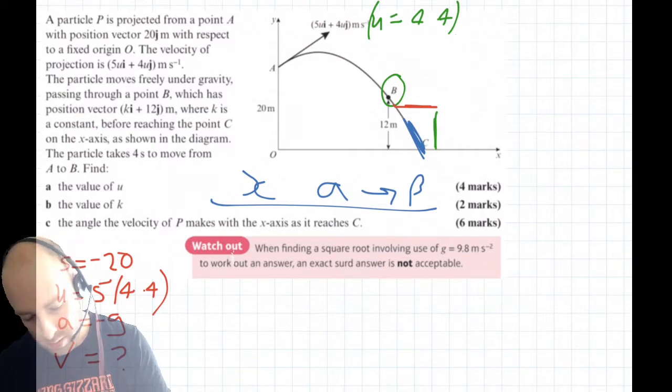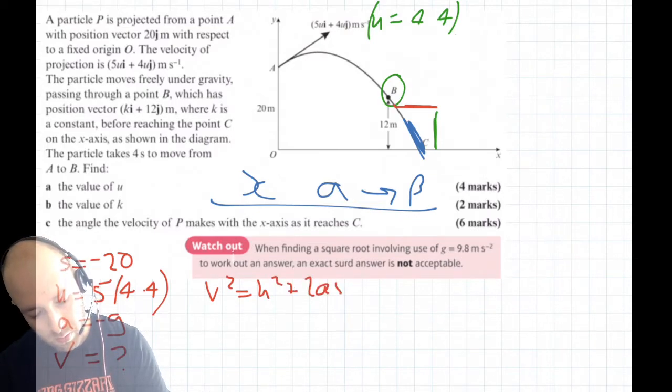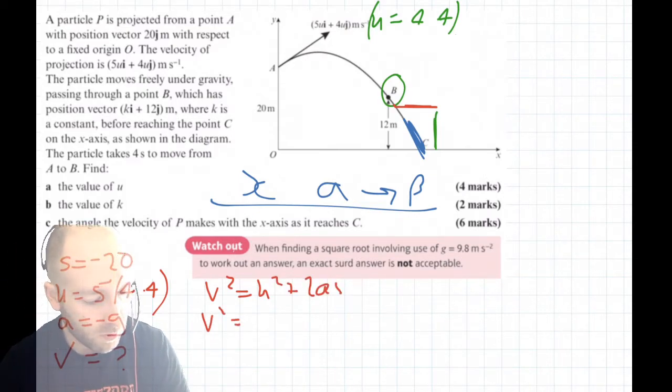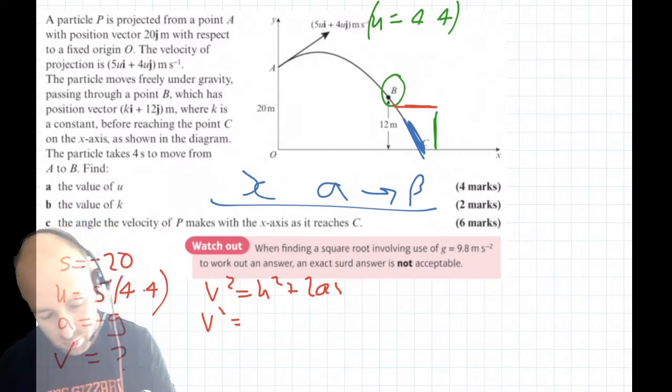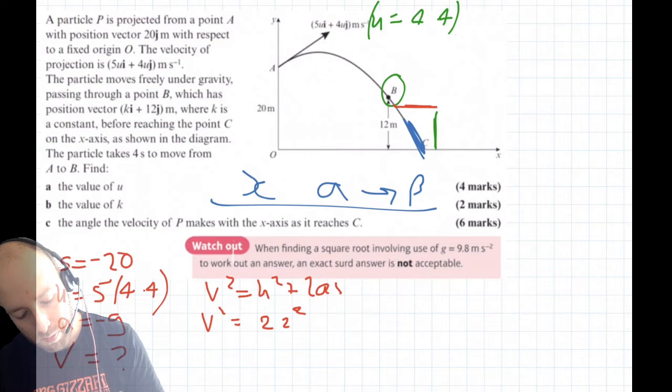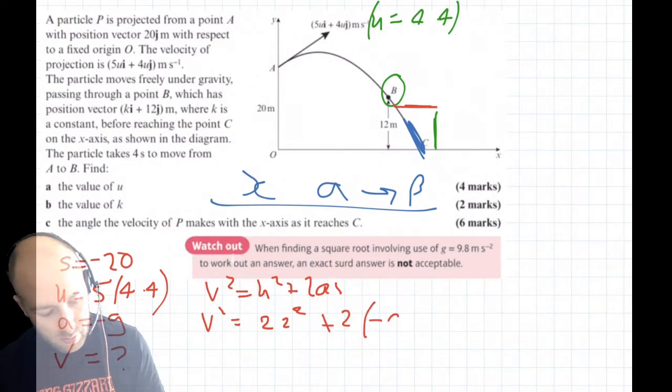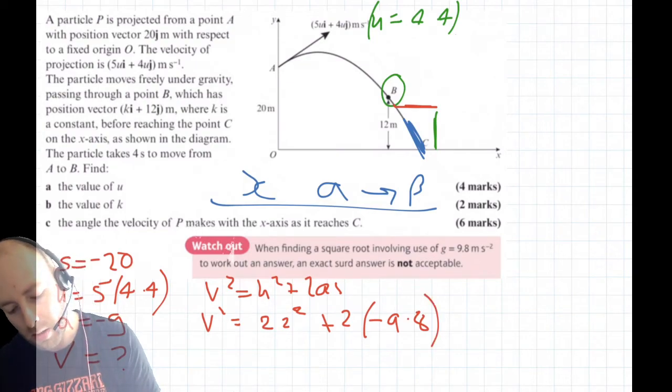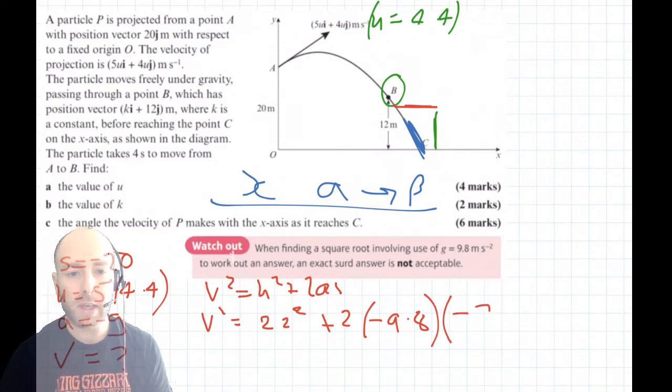So v squared equals u squared plus 2as. V squared equals, so 5 times 4.4 is 22. So 22 squared, and then plus 2 lots minus 9.8 times s, and s is going to be minus 20. So we've got to be careful with our signs here.